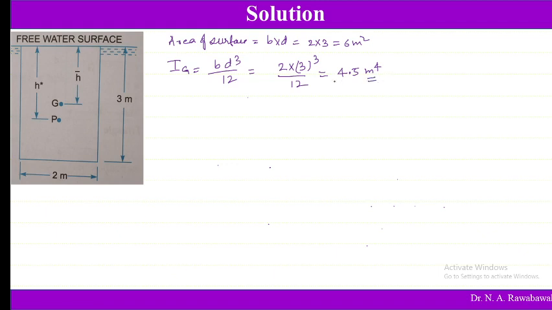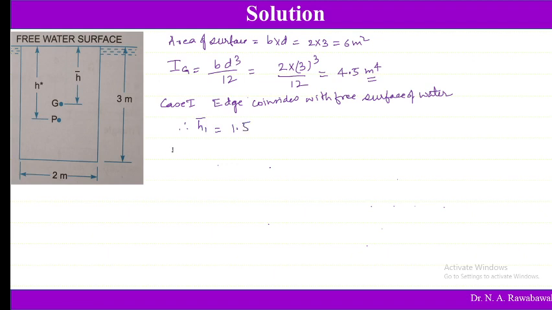So now we know Ig, we know area. In case 1, the edge coincides with the free surface of water. Therefore, h1 bar can be given as 1.5.